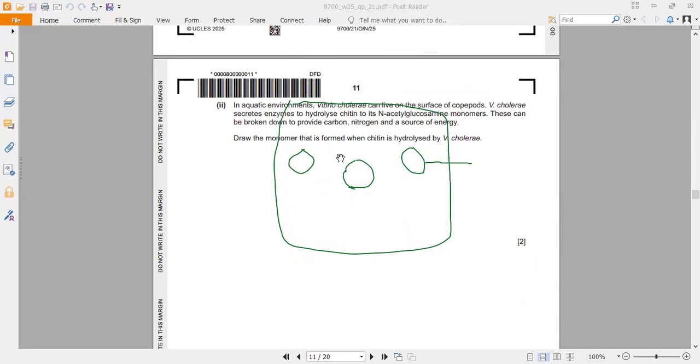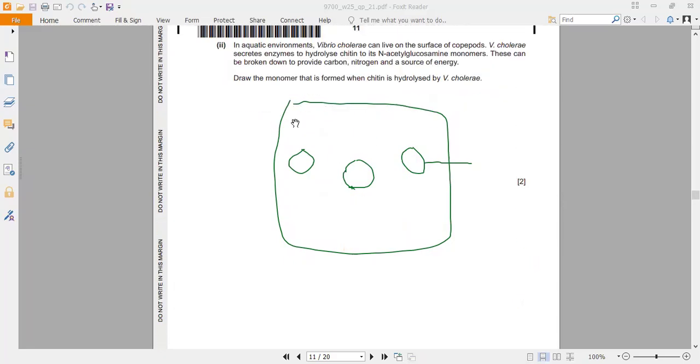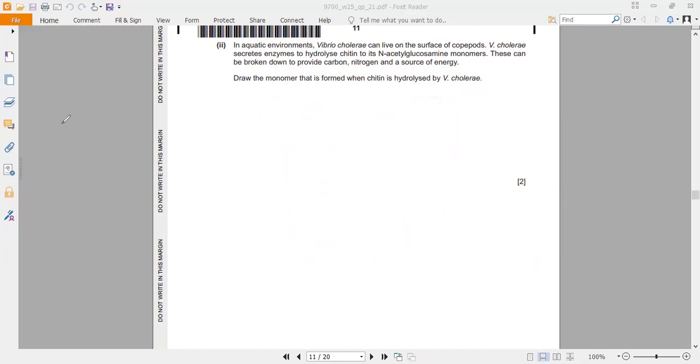So moving towards the given space where we have to draw these monomers. Instead of the O of the glycosidic bond, there will be an OH over there.